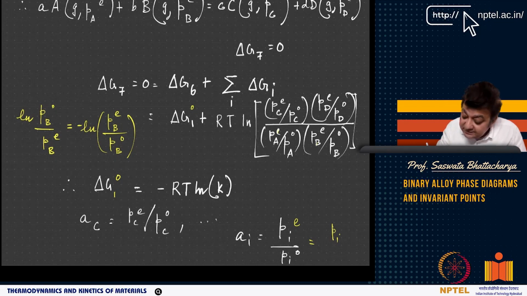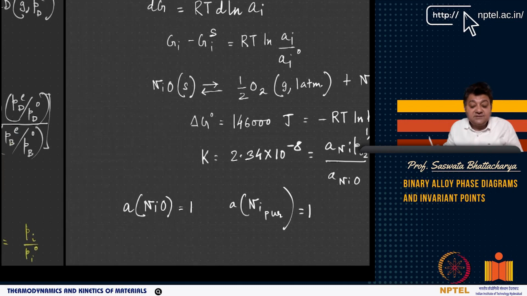So basically, you can just write PI by PI naught, which is the pure form.